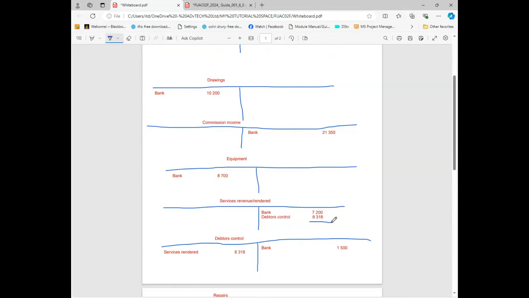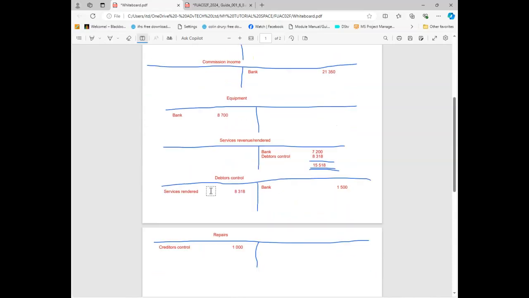Please help me with the calculator. 15,518. Thank you so much. You can leave it one-sided like that, but this one we can just balance because it's got figures on both sides. We can do this, and then remember the balancing method.